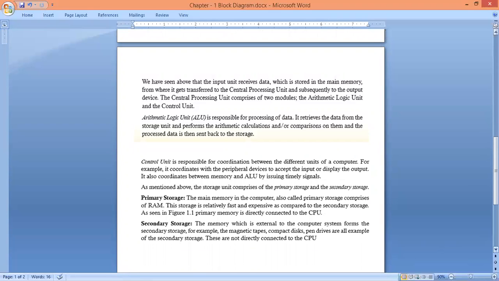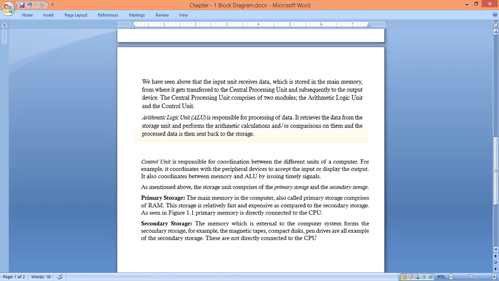Next, if we talk about the central processing unit, basically it has two modules. First is the arithmetical logical unit and second is the control unit. Whenever we talk about the ALU, that is arithmetical logical unit, it is responsible for processing data. All the arithmetical and logical tasks are accomplished by the ALU.